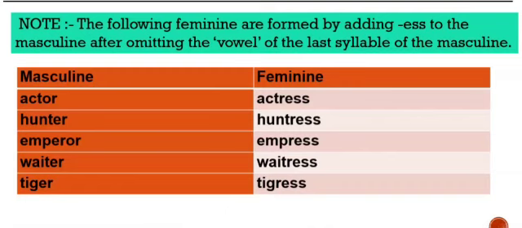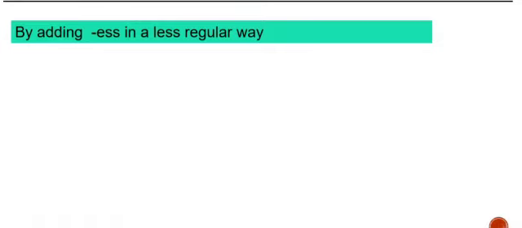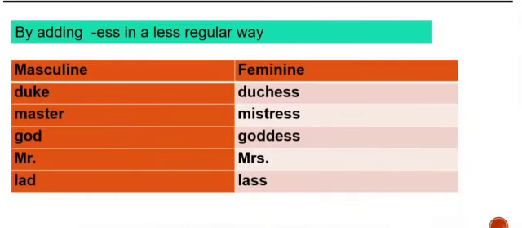Emperor, empress, waiter, waitress, and tiger becomes tigress. We can also make the feminine by adding ess in a less regular way. That is, duke becomes duchess, master, mistress, god, goddess, Mr., Mrs., and lad is lass.